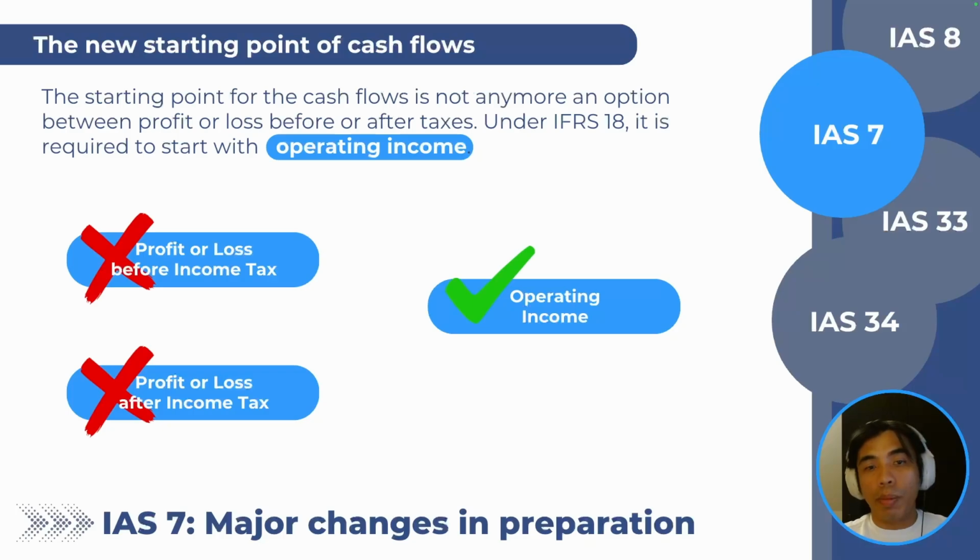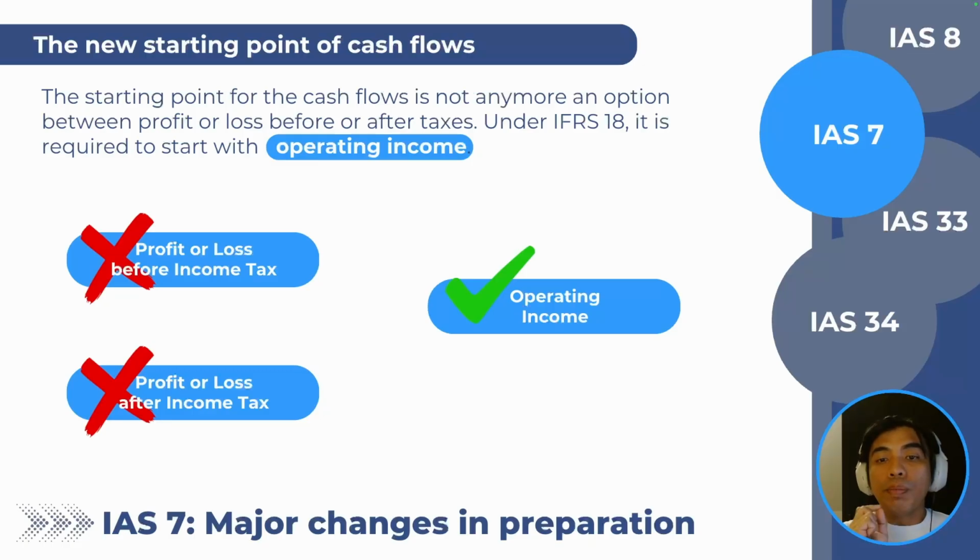Your starting point now is required to be the operating income, because IFRS 18 defined what is the operating income, and it also became one of the new required subtotals of the statement of financial performance.